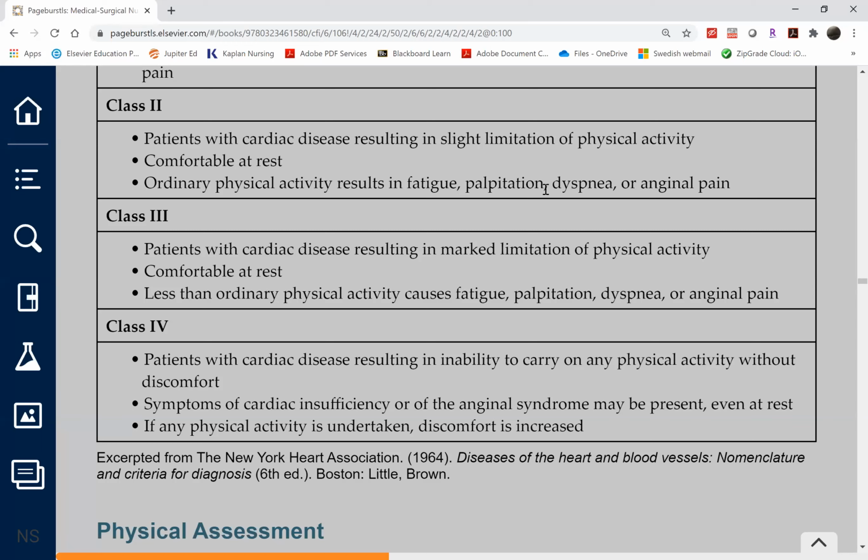No. I mean, I've never been in labor, so that's not ordinary physical activity. You tell me, have you ever been in labor? It's not ordinary physical activity, Professor. Definitely not. I don't even want to go through that.